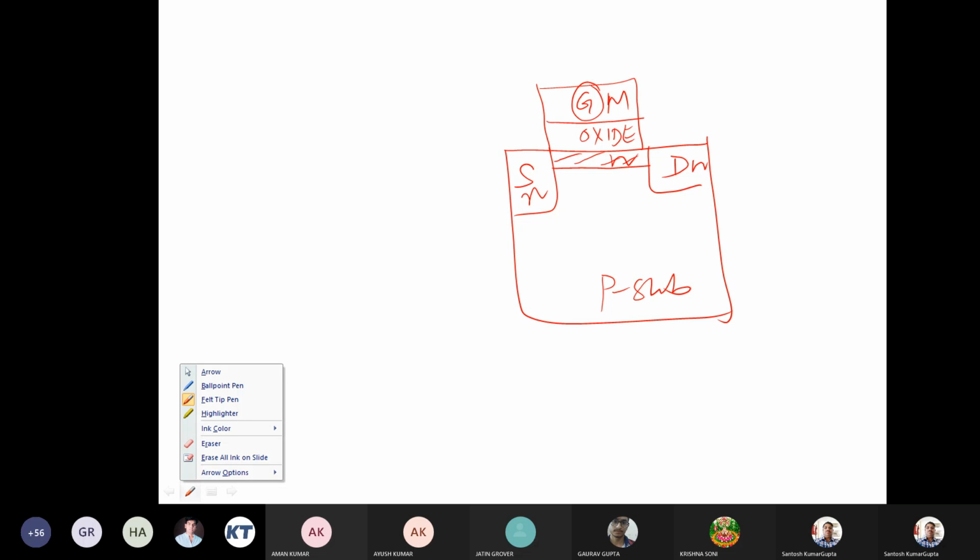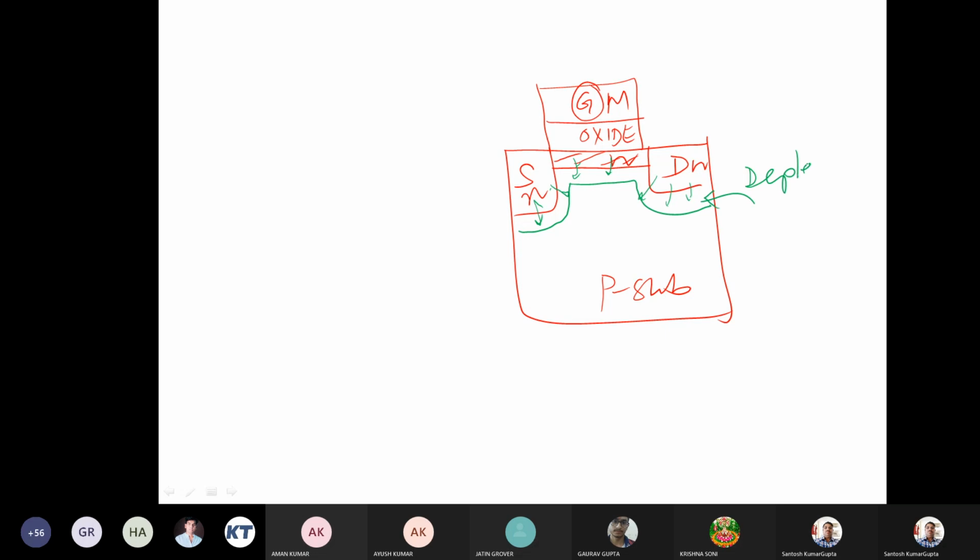So actually everywhere we see, either in this region or here or here, this p-n junction is formed. Everywhere, under the source, under the channel, under the drain, this depletion region is there because of the p-n junction.